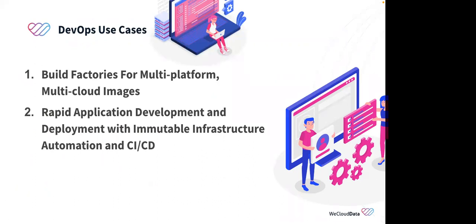The build factories for multi-platform, multi-cloud images. This is what we're building out internally for our infrastructure stack right now. So these are actually use cases that are being actively developed and deployed in practice right now.